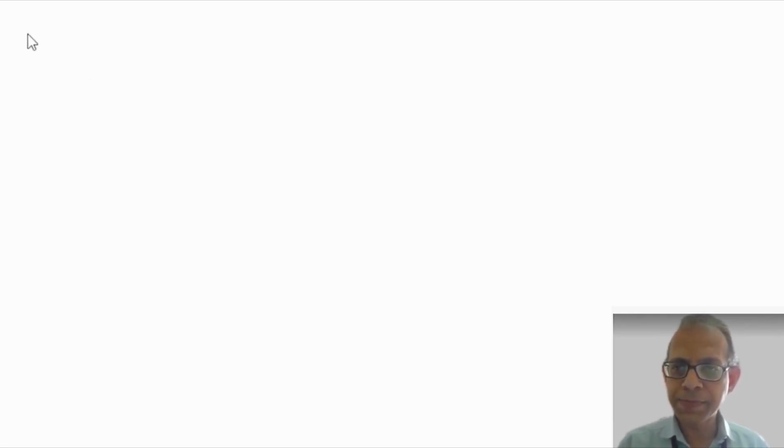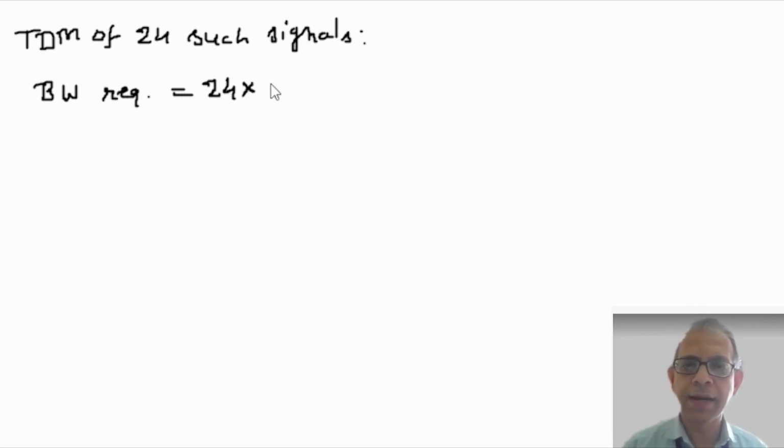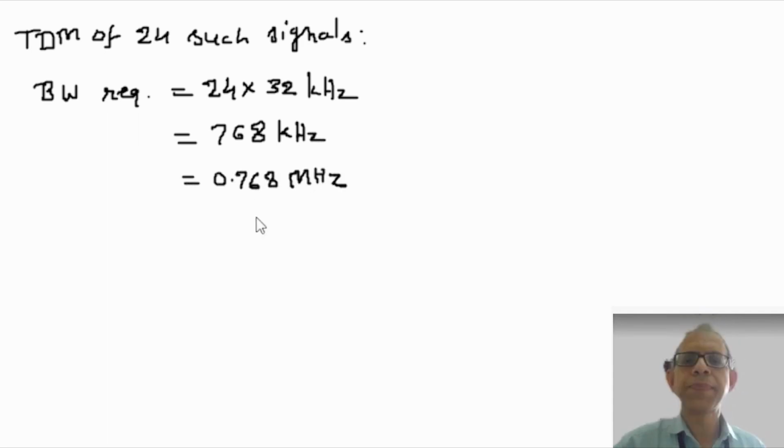Accordingly, for TDM of 24 such signals, the bandwidth required will be 24 times the bandwidth required for one signal, that is 24 into 32 kilohertz, which is equal to 768 kilohertz or 0.768 megahertz.